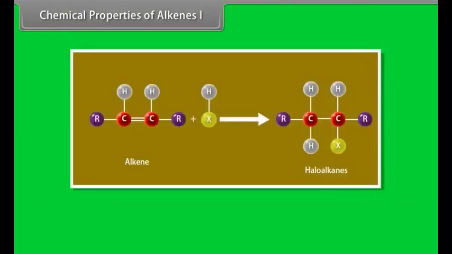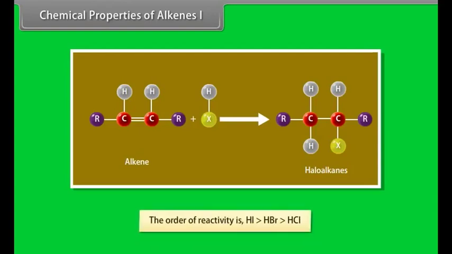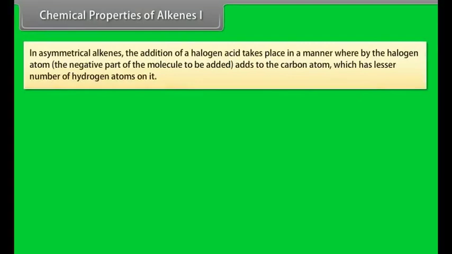Addition of halogen acids. Alkenes with concentrated aqueous solution of halogen acids give haloalkanes. The order of reactivity is HI is greater than HBr is greater than HCl. In asymmetrical alkenes, the addition of a halogen acid takes place in a manner whereby the halogen atom, the negative part of the molecule to be added, adds to the carbon atom which has lesser number of hydrogen atoms on it.